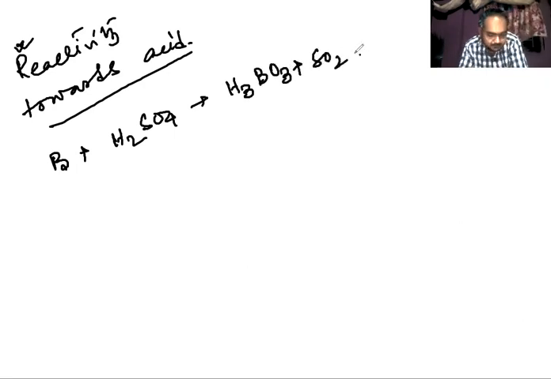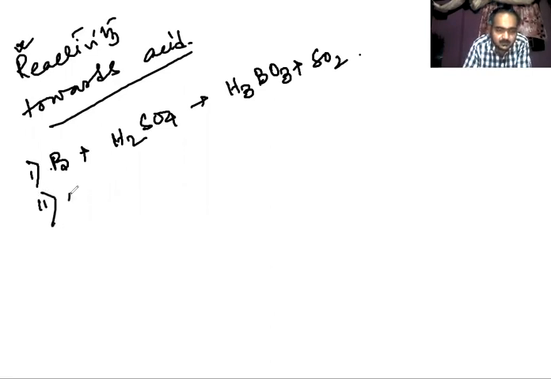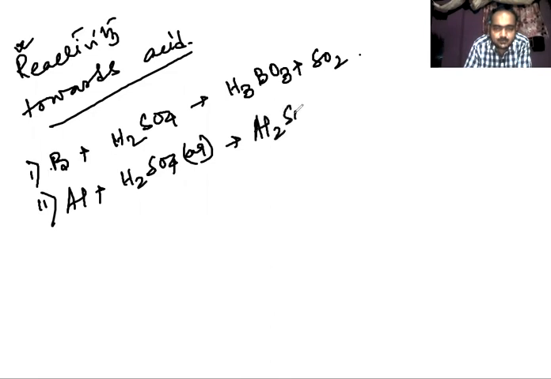This is the reaction. Now you see here, aluminium similarly reacts with H2SO4. In the aqueous condition, this produces Al2(SO4)3 plus SO2 plus H2O.